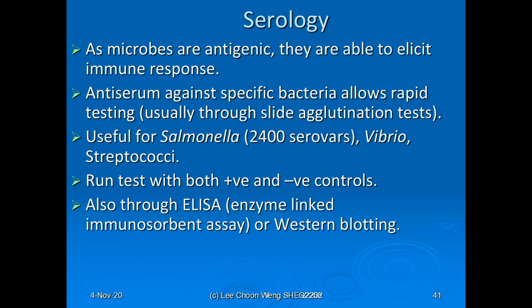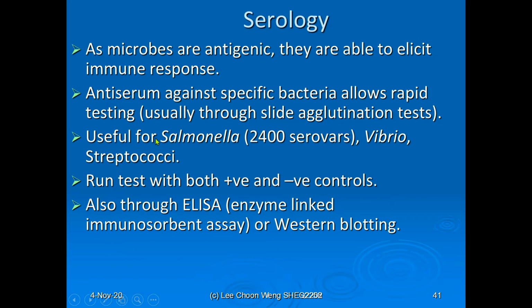If the antiserum is positive against your isolate, it will agglutinate your bacteria. It will clump your bacteria, and you can see clumps on your slide. However, if it is negative, there is no agglutination, no clumping. What you see is just a smear of bacteria in your antiserum. So that's the slide agglutination test.